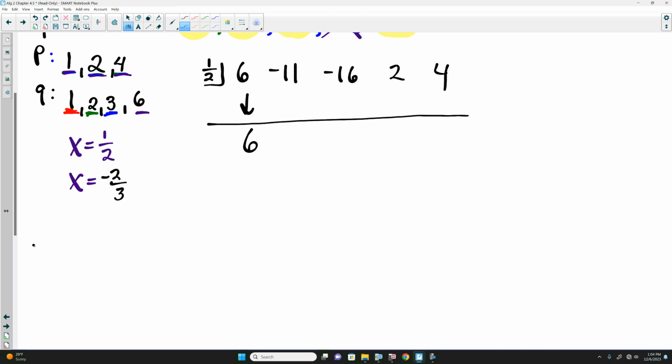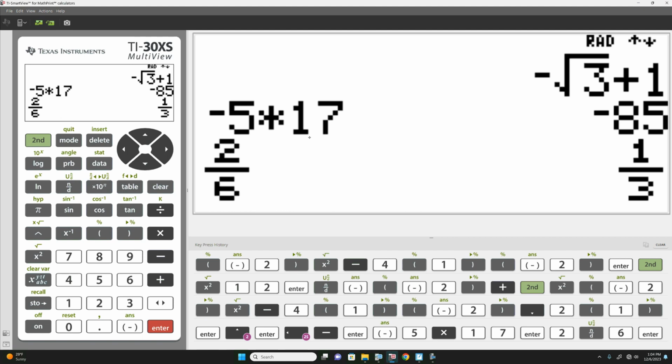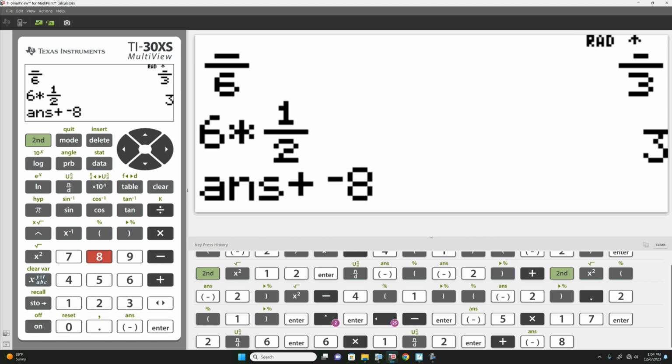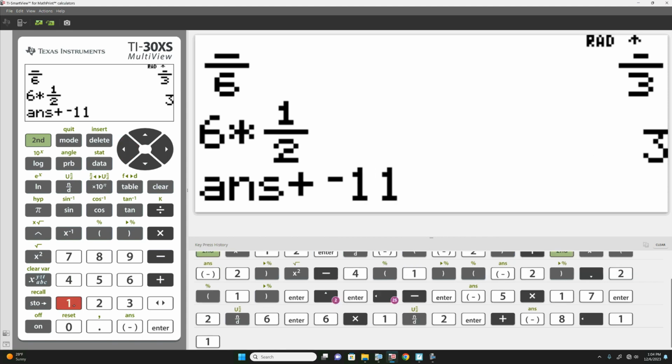Now at this point here, we can do synthetic division. Again, you don't have to do this in your head. You can do this in a calculator pretty easily, because we can do 1/2 times 6, which is 3. Then we add negative 8, negative 11 to it, and get negative 8.